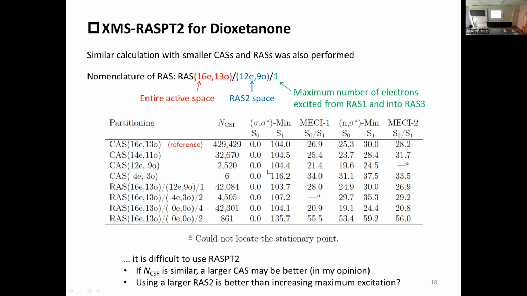But it's difficult to use RASPT2 because the SCF convergence is not as good as CAS. But anyway, the performance is like this. Maybe smaller CAS is better. It's difficult to make full advantage of RAS, at least for me.